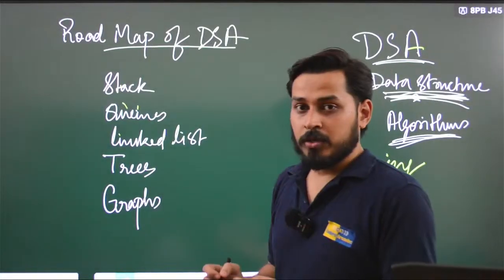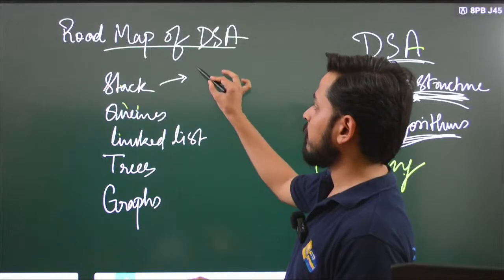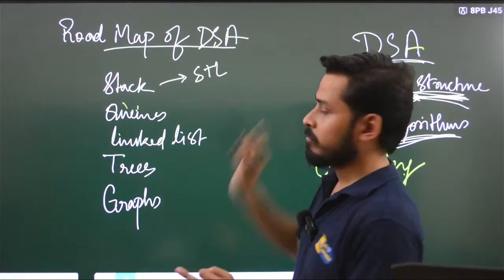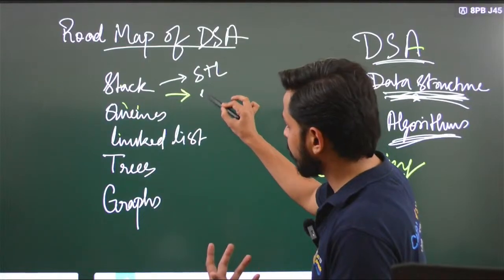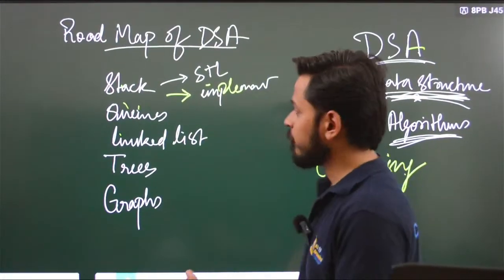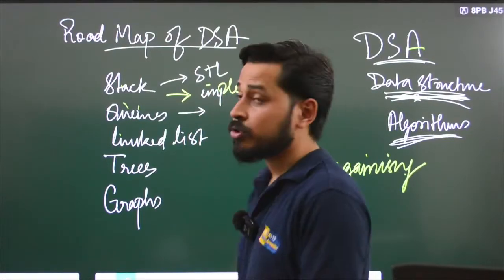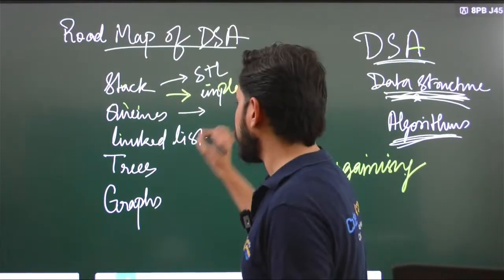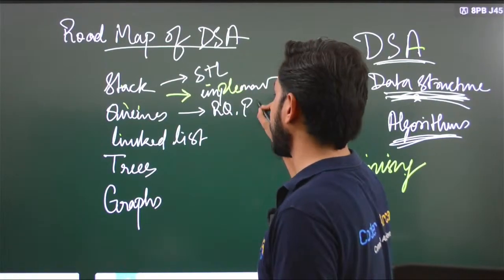If we talk about stacks, we will see the inbuilt version, or the STL version. Then we will talk about the custom version, which you can implement on your own. Then we are going to talk about queues. Queues can be of two types: the normal regular queues or priority queues.